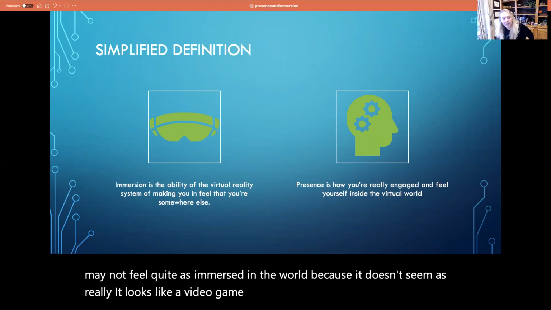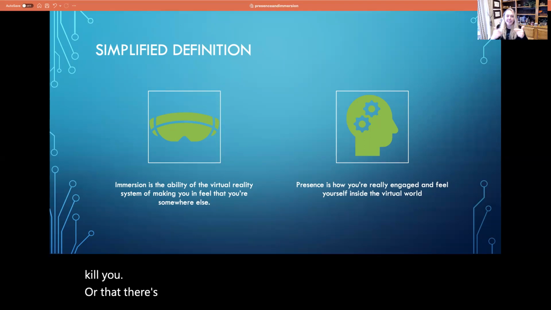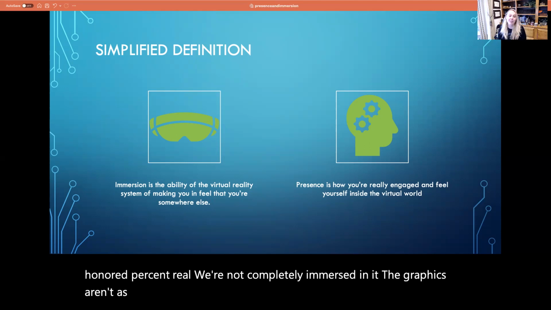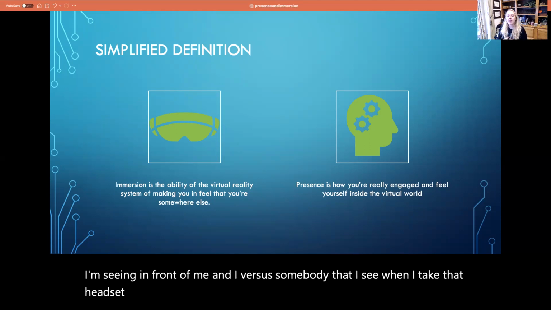It doesn't look like an actual zombie is coming to kill you, and there's still something in the brain where we say, okay, this isn't quite 100% real. We're not completely immersed in it. The graphics aren't as advanced. I know the difference between the character that I'm seeing in front of me versus somebody that I see when I take the headset off.